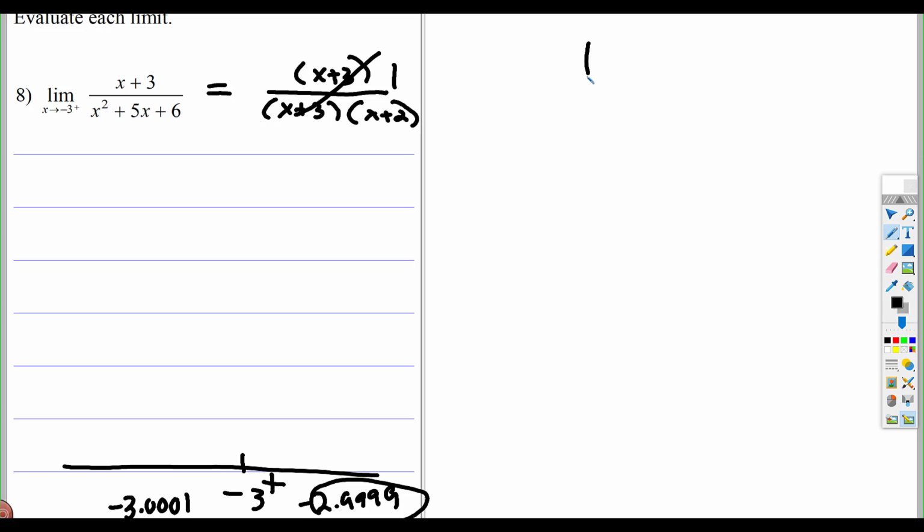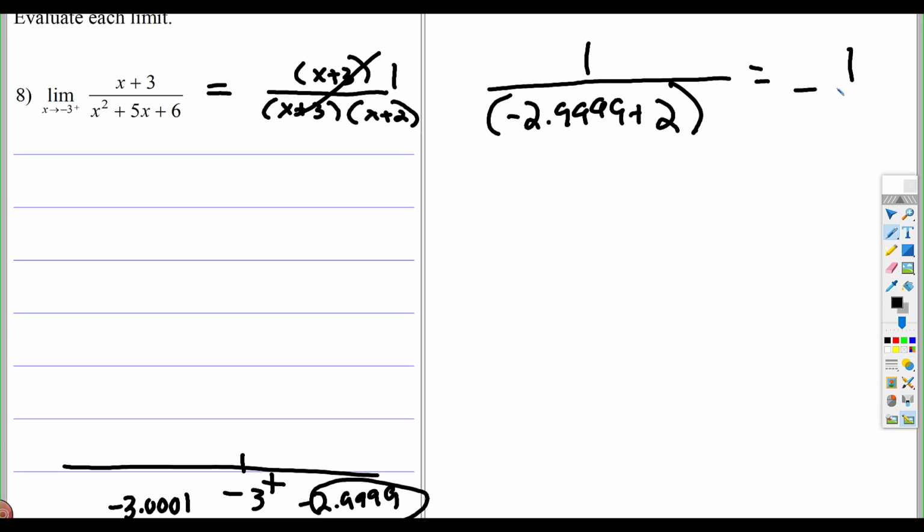So right there, I did 1 over negative 2.9999 plus 2. And that became 1 divided by negative 0.9999.